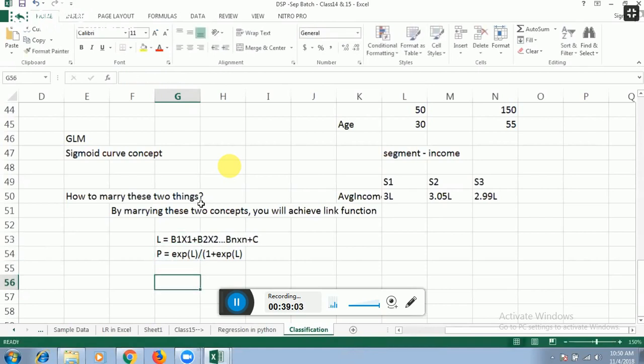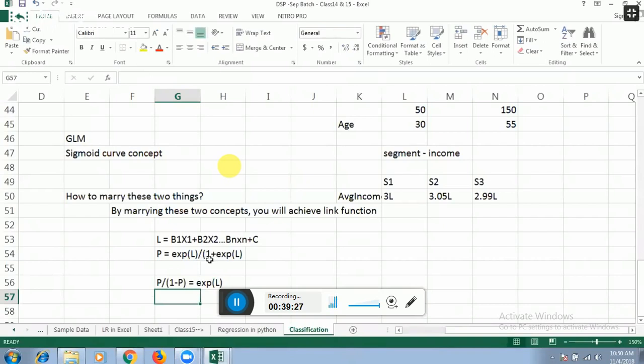Now what I'm saying is, if I take this one, can I say that P by 1 minus P equal to exponential of L? I'm just applying some mathematical steps. P equal to e power L by 1 plus e power L.